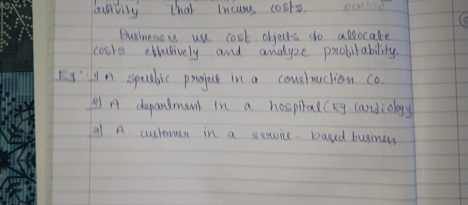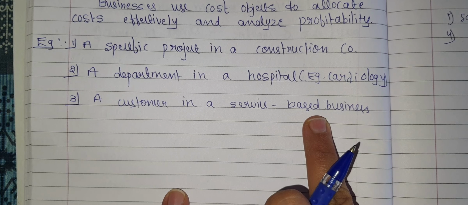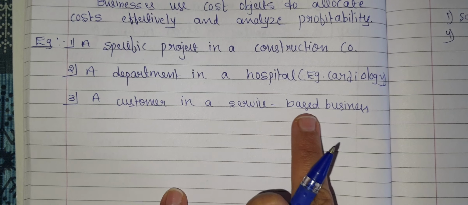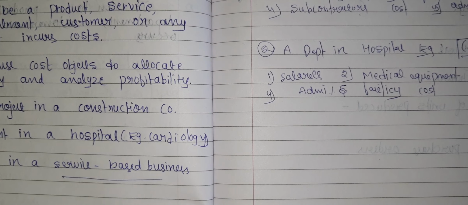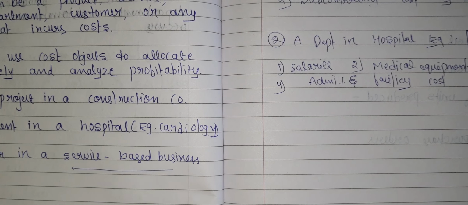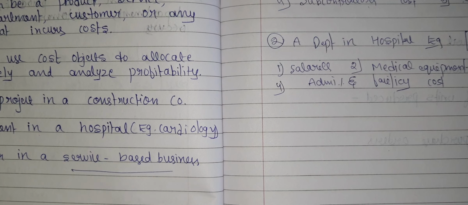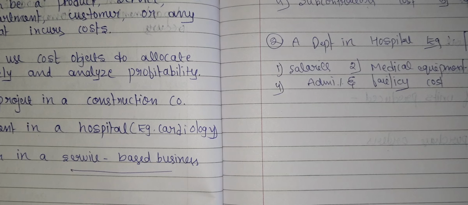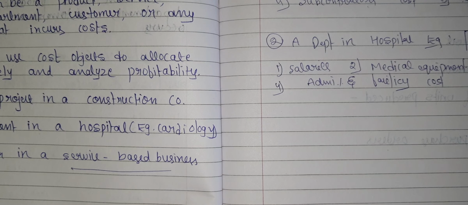Now the third example is a customer in a service-based business. A customer can be a cost object because businesses track and allocate cost for serving individual customers or clients.